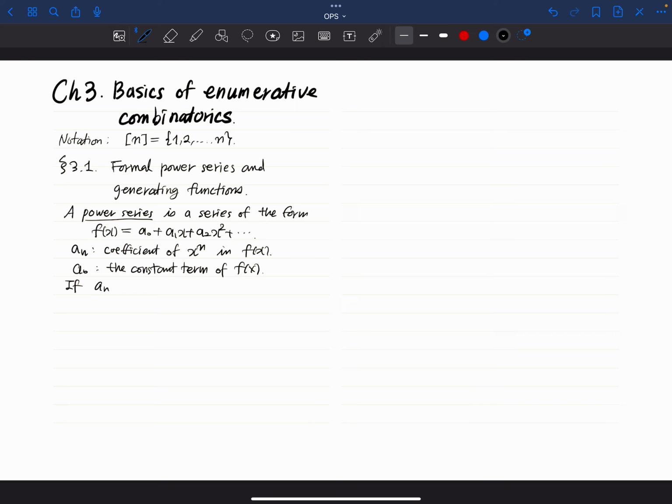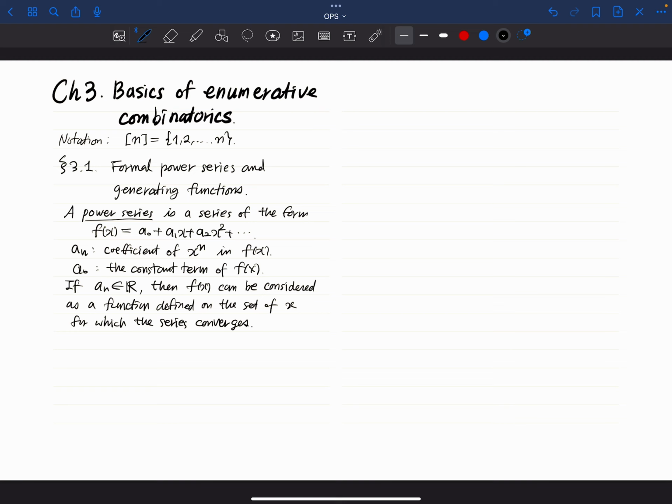And if these numbers are real, then we can think of f(x) as a function defined on a set of values, a set of x, for which the above series converges.